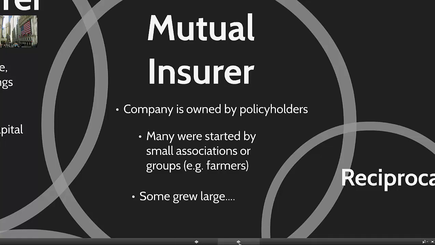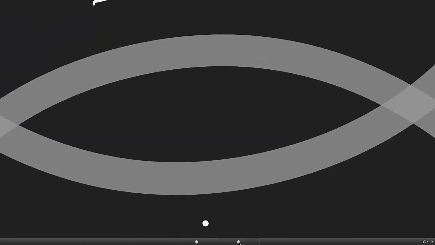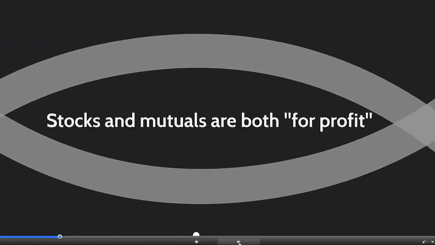Some of those grew very large, and the best example of that is State Farm Insurance, which is still today a mutual insurance company.